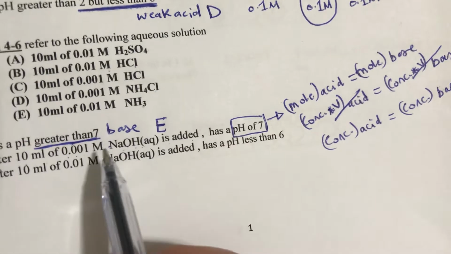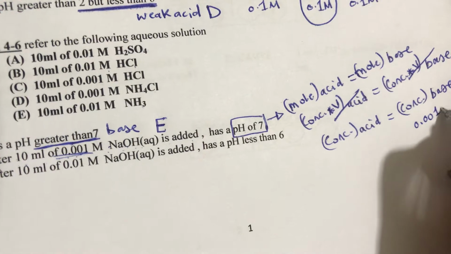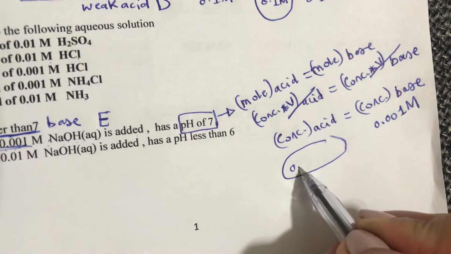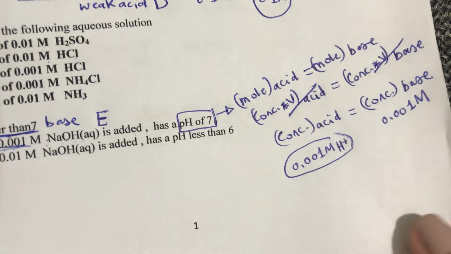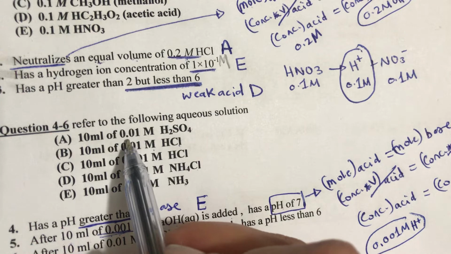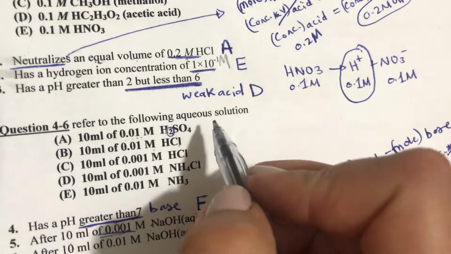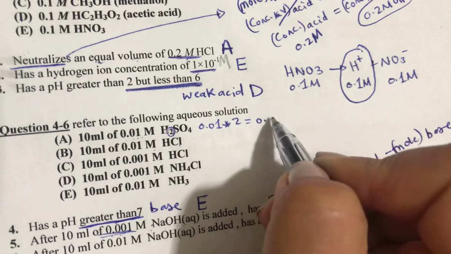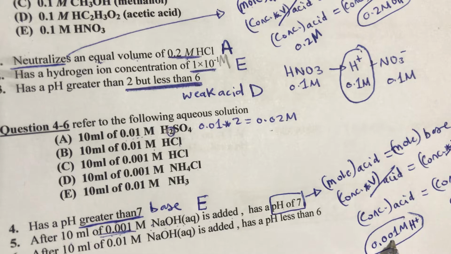In the question, what is the concentration of base? 0.001 molar. So you have to find 0.001 molar hydrogen ion. For the first one, the concentration is 0.01 times 2, because it contains 2 hydrogen ions, so it equals 0.02 molar, not equal to 0.001.